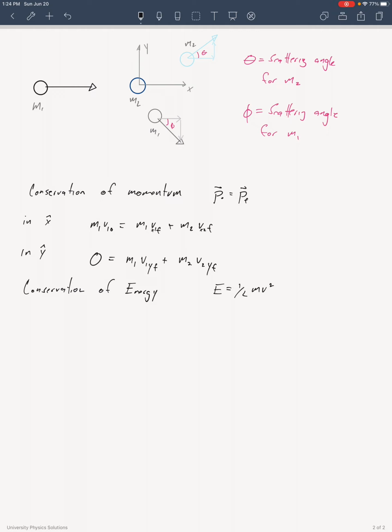So I will have that 1/2 m1 v1 initial squared has to be equal to 1/2 m1 v1 final squared plus 1/2 m2 v2 final squared. Okay, these are my equations 1, 2, and 3.